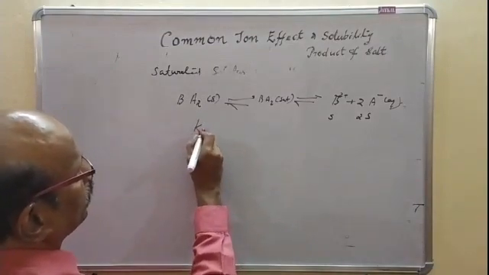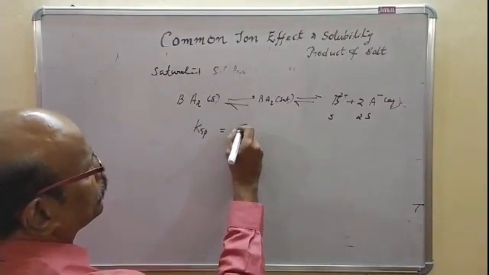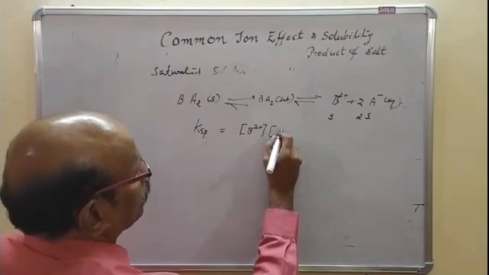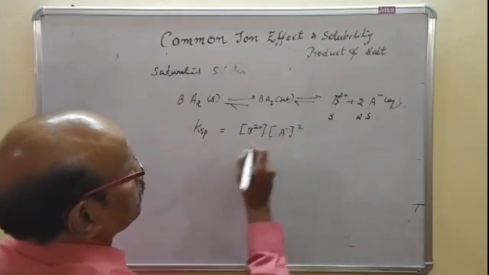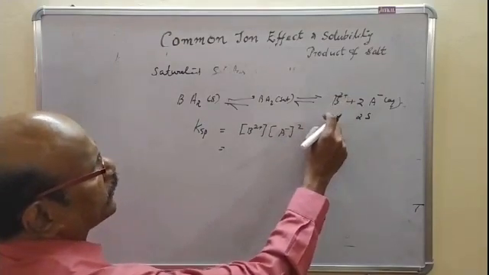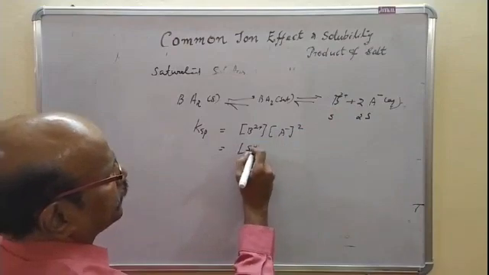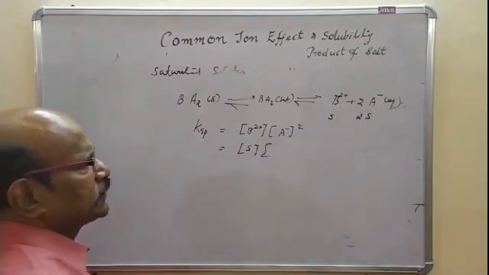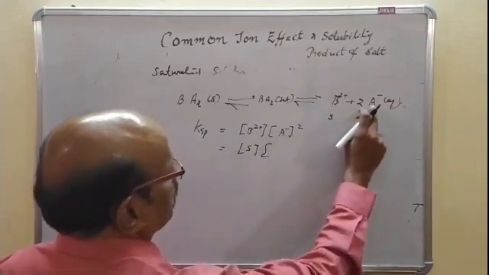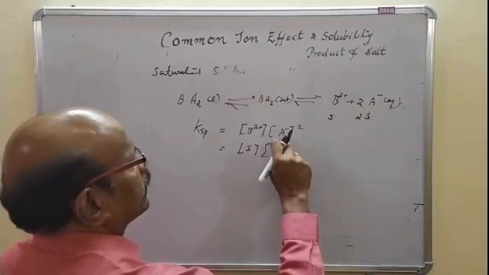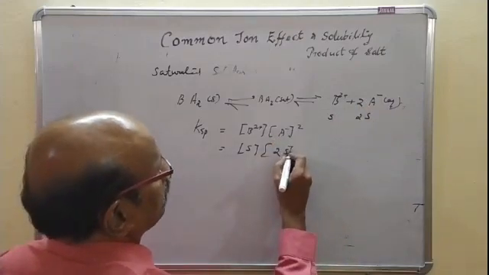The solubility product is equal to the concentration of B2 plus into the concentration of A minus, the whole square. Therefore the B2 plus ion concentration is S, into the concentration of A minus ion, which is 2S, the whole square.